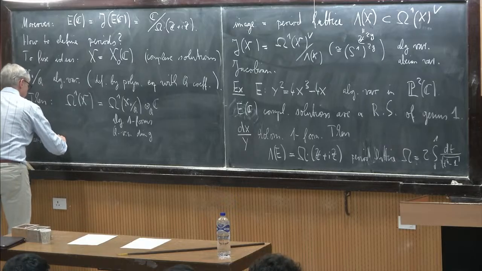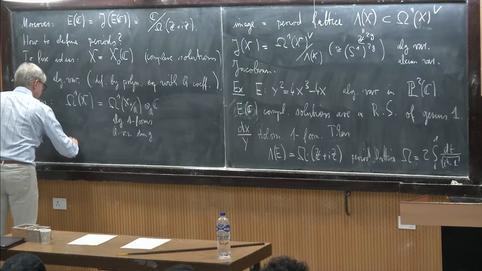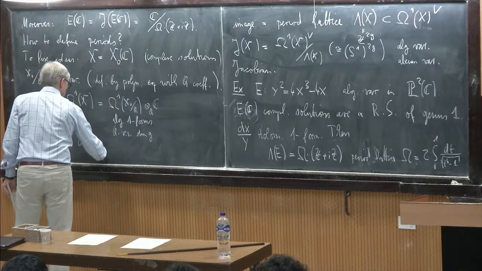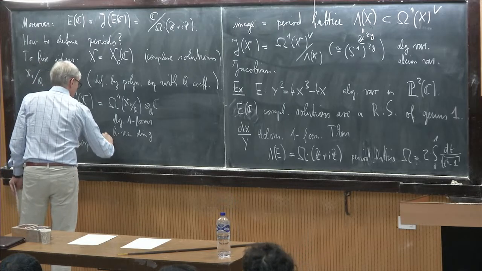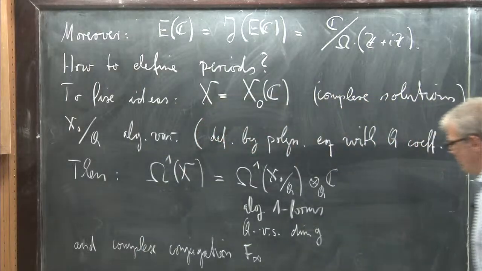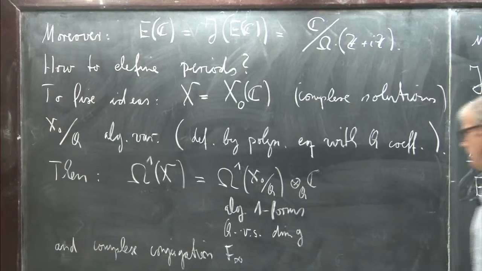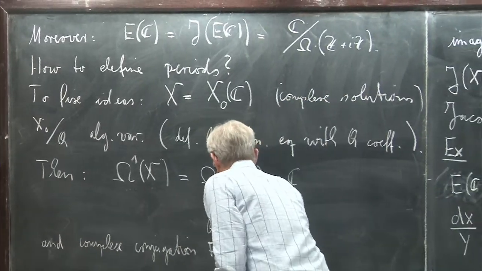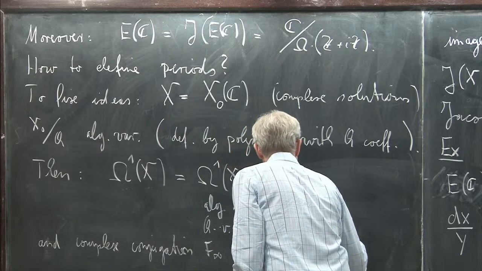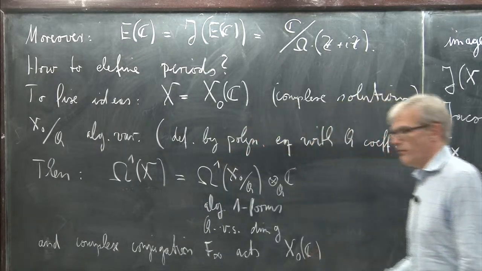Somehow, now because we are working with the complex field, complex conjugation, which strangely enough I denote by F infinity, because for us it's the infinite Frobenius, acts on the solution space X0 of C just by conjugating the coefficients.